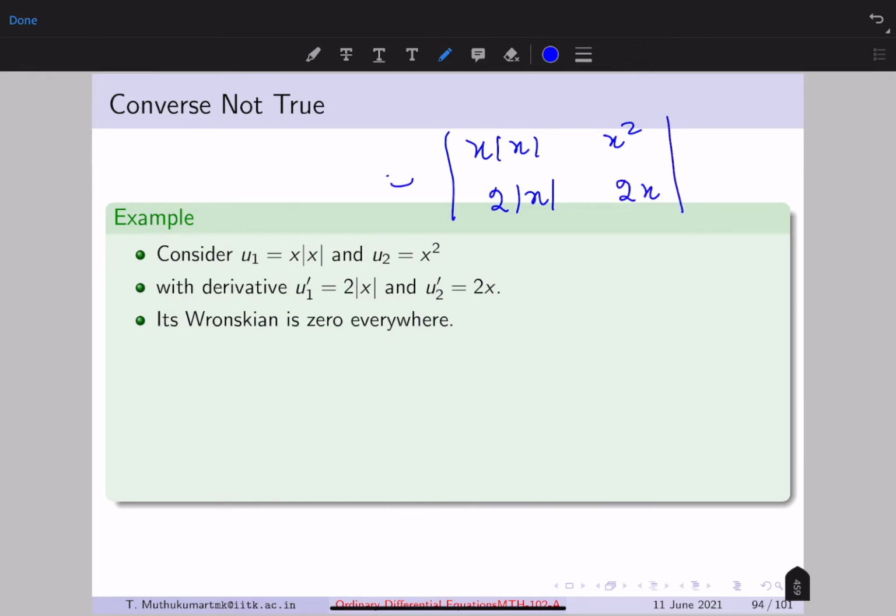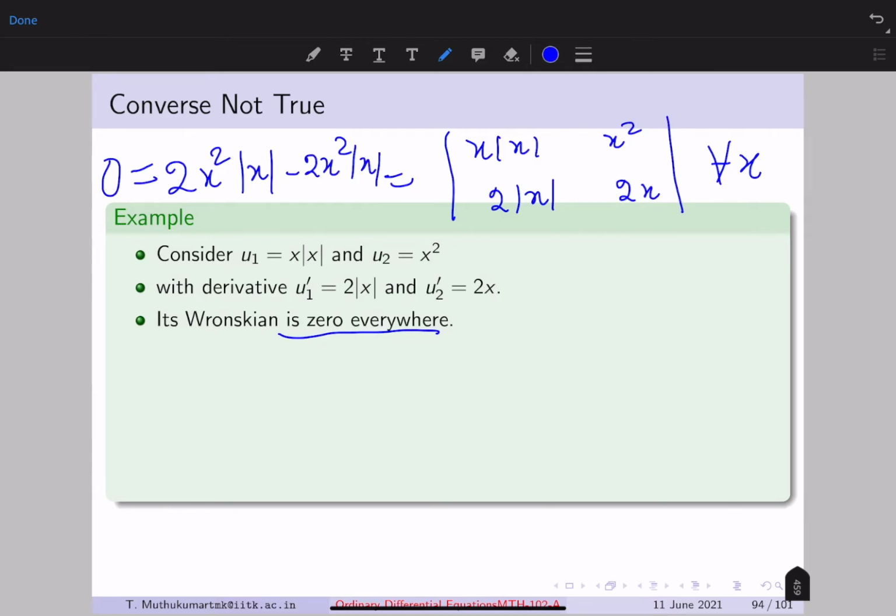And this is, as you see, 2x square mod x minus 2x square mod x, which is 0, and this is true for all x, right? So the Wronskian is 0 everywhere.